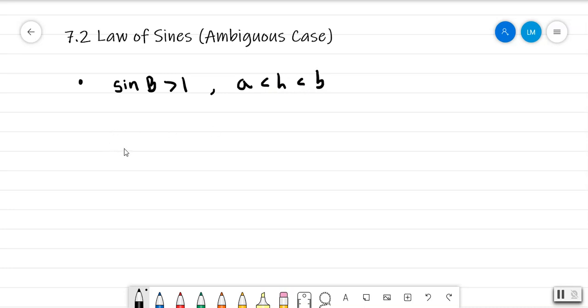So what this looks like is the following, where you have a hanging length like this. I'll just extend this out a little bit.